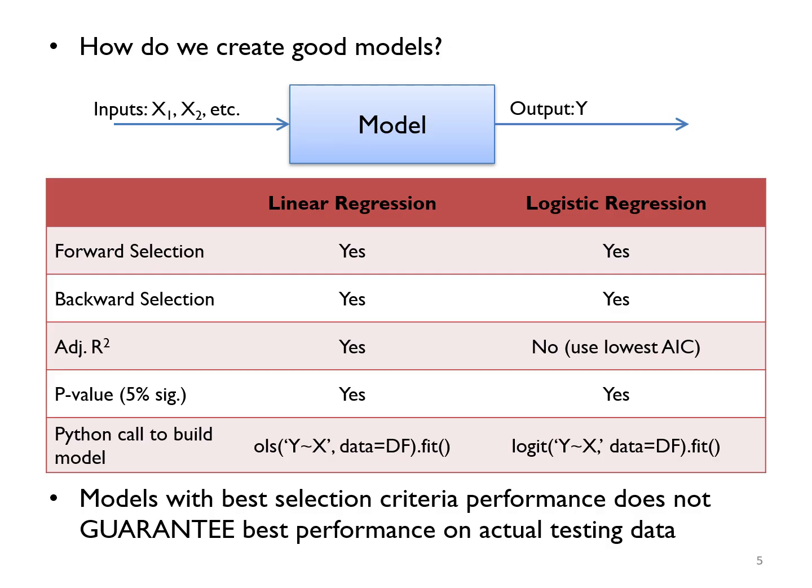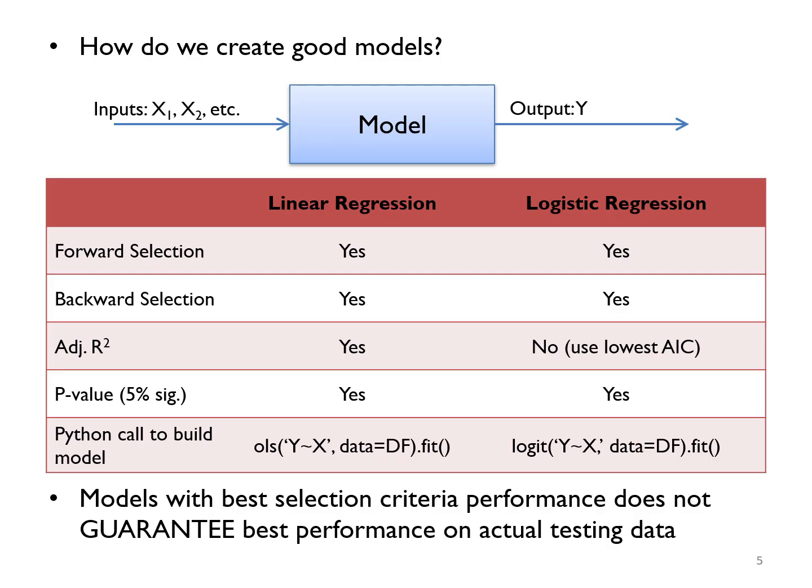For adjusted R-square, we want the highest adjusted R-square. That's per iteration, right? You start with one variable models, you pick the one with the highest adjusted R-square, move on to two variable models, pick the highest adjusted R-square, and then to the three variable models, pick the highest adjusted R-square, etc. Instead of using adjusted R-square or AIC, we could also use a p-value criterion.